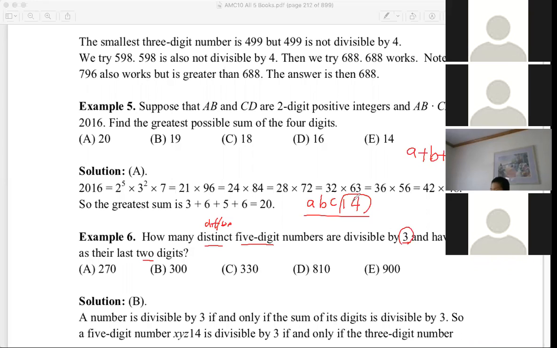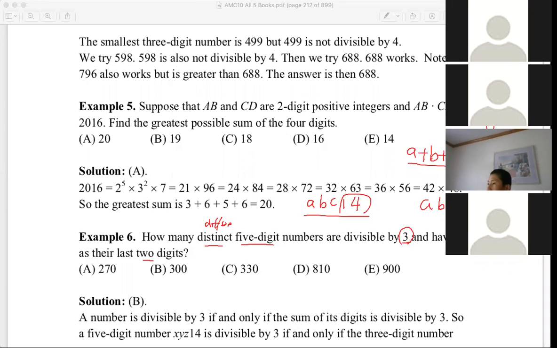Okay, let's think. What is this number? So this kind of numbers, 3-digit number ABC, you add these 3 digits together, you get the remainder 1. You know, when a number is divided by 3, the remainder only has 3 choices.